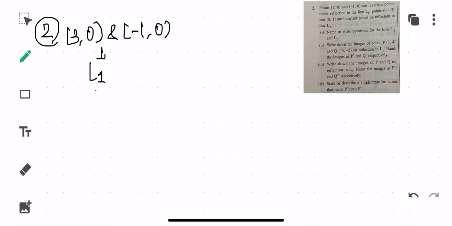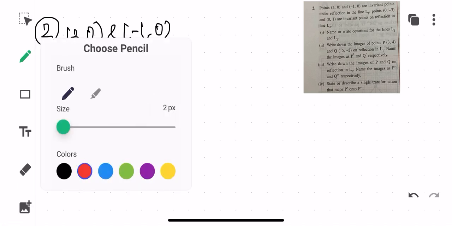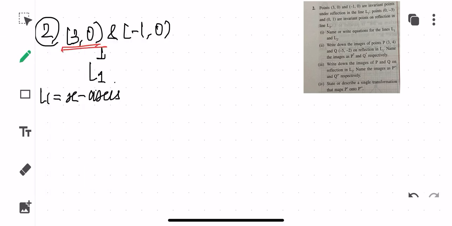So write down L1 is equal to x-axis. And how did you know, children? Because they are saying that upon reflection, it is not changing its sign or anything, it's not changing its value even. So when is this possible? It's 3, 0, so it says that this line is falling on the x-axis. So if the point is on the x-axis, then upon reflection in the x-axis the point is going to remain the same. So L1 is going to be my x-axis.